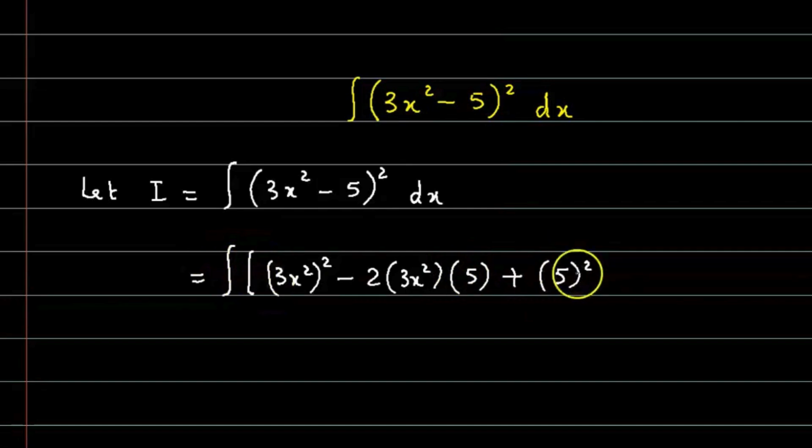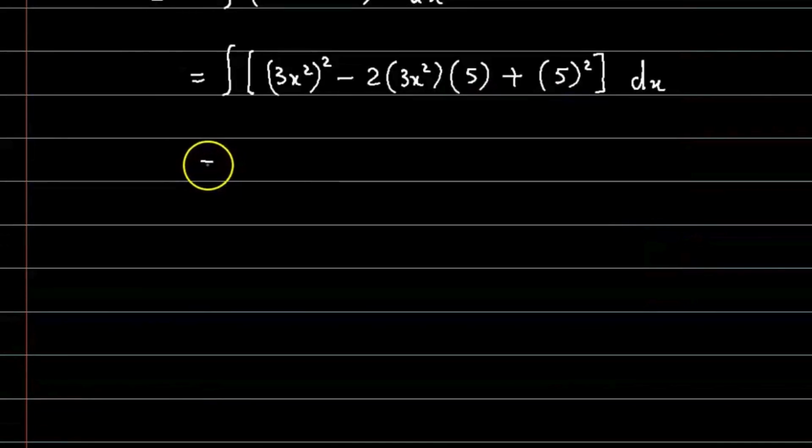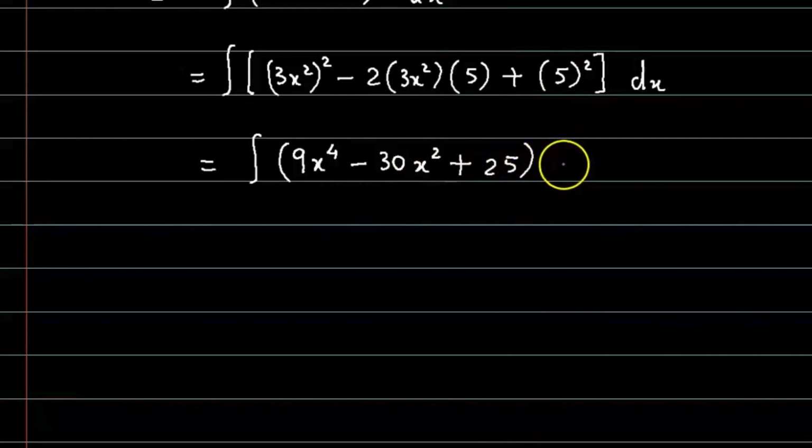So here we have used the expansion formula and we simplify this further. So we have 3 square is 9, so this becomes 9 times (x square) the whole square. So that's x raised to 4, minus 2 3s is 6, 6 into 5 is 30. So this is 30 into x square plus 5 square is 25.